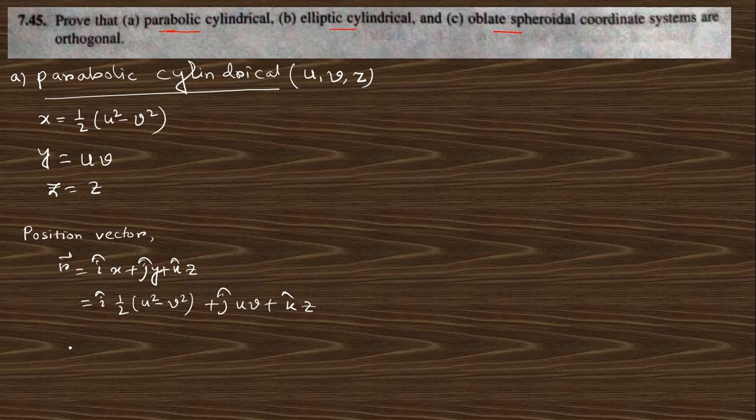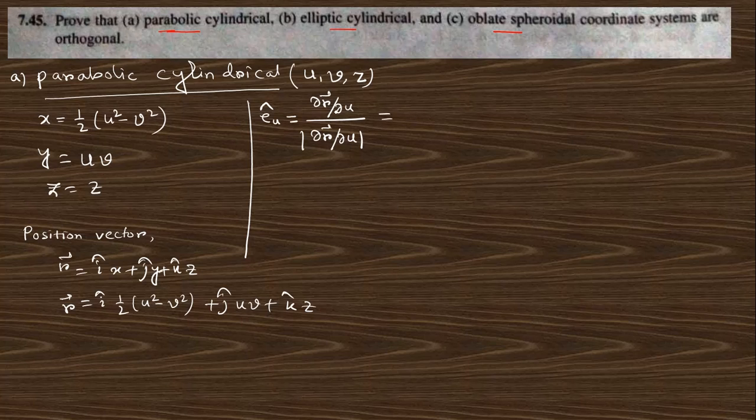Now we want to find the unit vector along the u curve. This will be del r vector by del u divided by modulus of del r vector by del u.